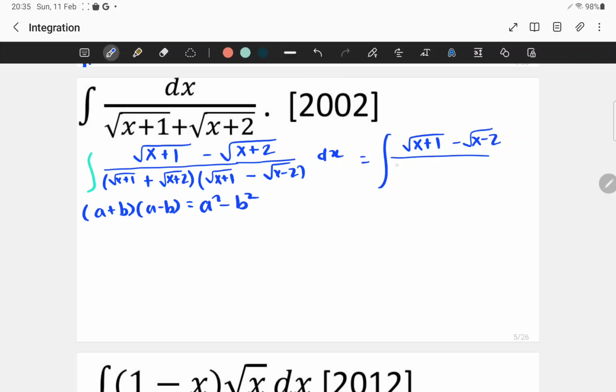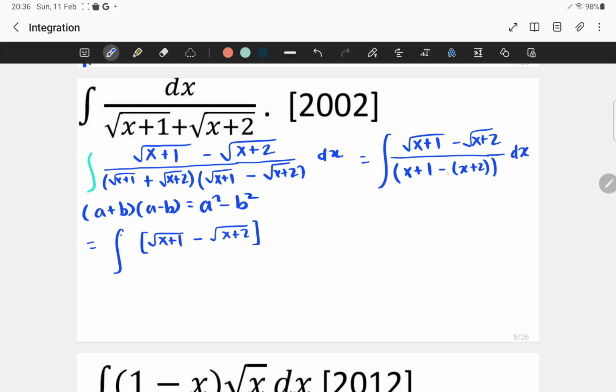So it will give us x plus 1 minus bracket x plus 2. If I open this bracket, I get numerator and denominator.